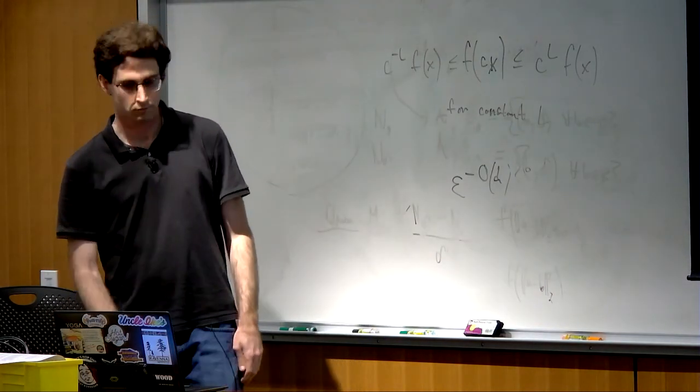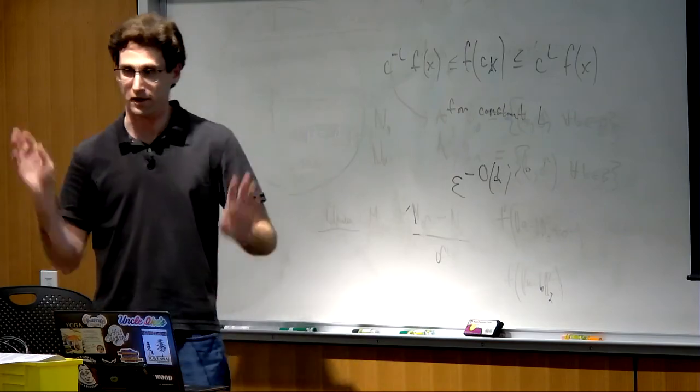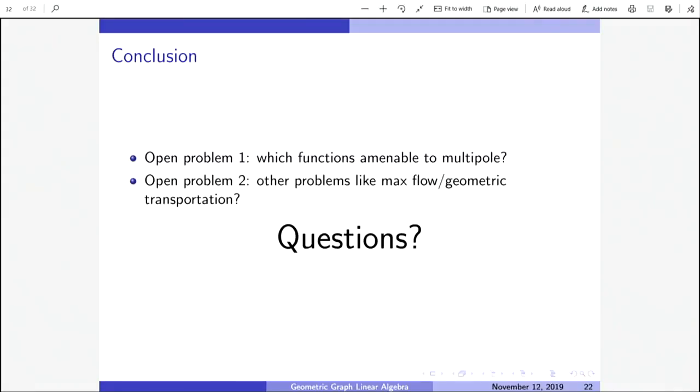Okay. Are there any questions? Can you explain your sparsification in more detail? So you can come up with a sparse matrix that you can compute f on and get an approximation. Is this like cut sparsifying or spectrally sparsifying?